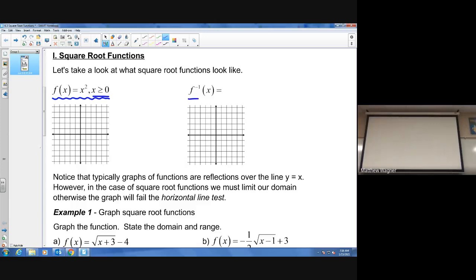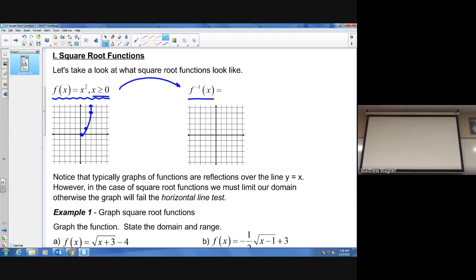Well, I restricted the domain because if I were to graph the entire parabola here, it would fail the horizontal line test. So what I did in this case is I restricted my domain so that only half of the parabola is there, which allows it to pass the horizontal line test. Which means the inverse is a function.